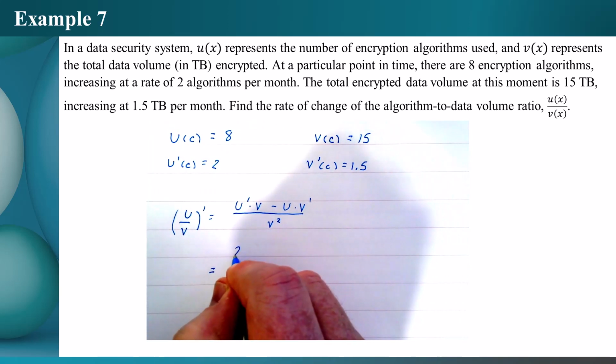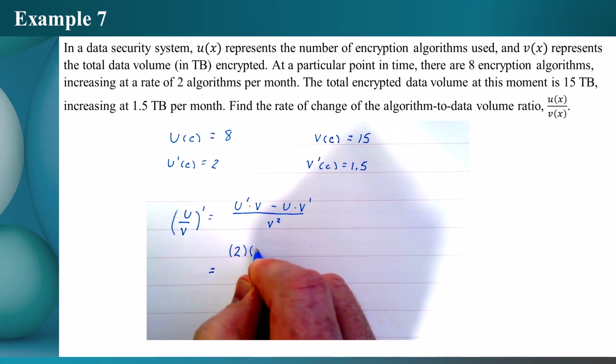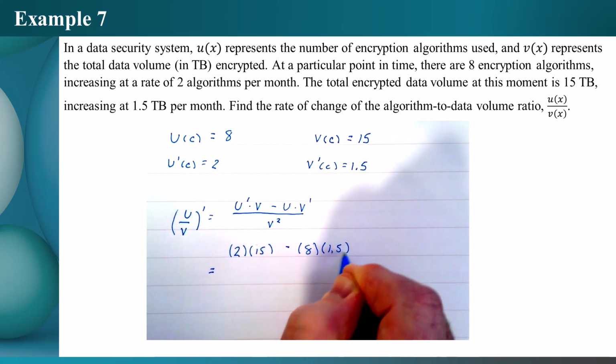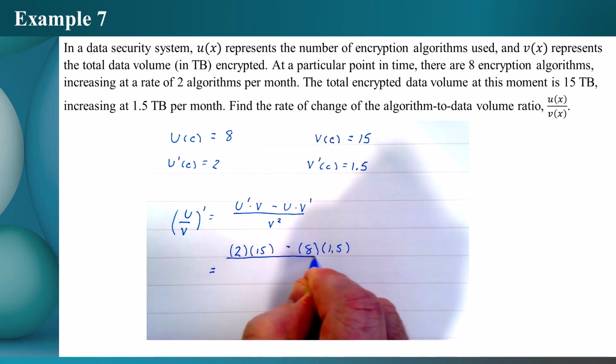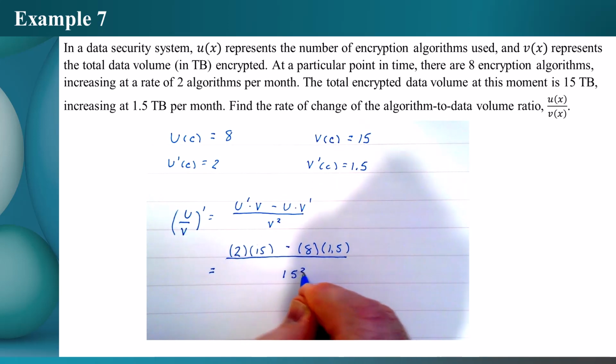Looks like what we have here is U prime, which is 2, times V, which is 15, minus U, which is 8, times V prime, which is 1.5, and all of that goes over V squared, so that would be 15 squared.